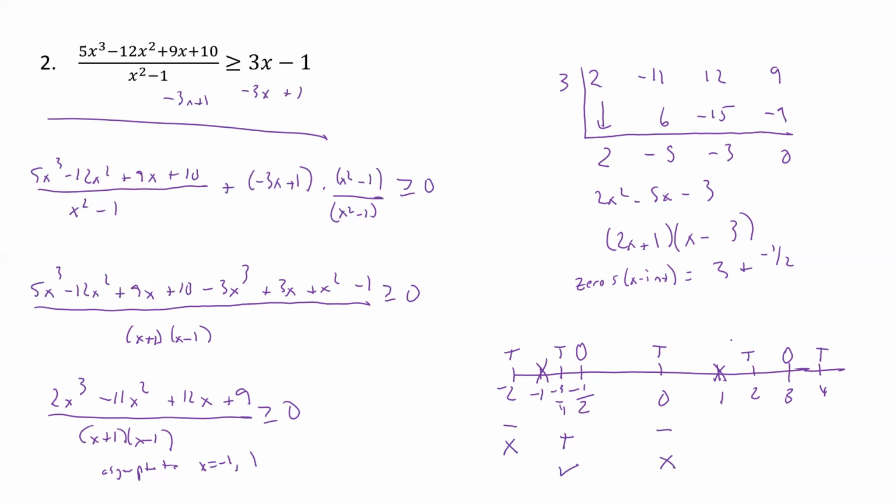Now if we plug in a positive 2 and a 4, not at the same time, but we'll plug them in. So that's going to be a positive. So we want that one.